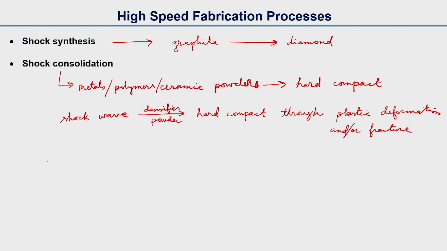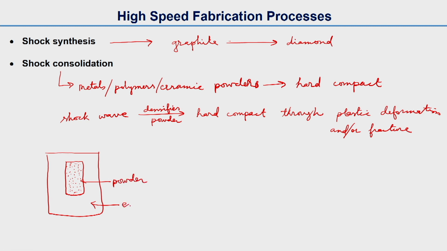Basically it happens like this. Suppose, for example, you were taking some powders in this cylindrical tube container. So we have powder here, and then you have a concentric cylinder with explosive. So you have the powder here, and this is the explosive. You can detonate from here, the detonator.